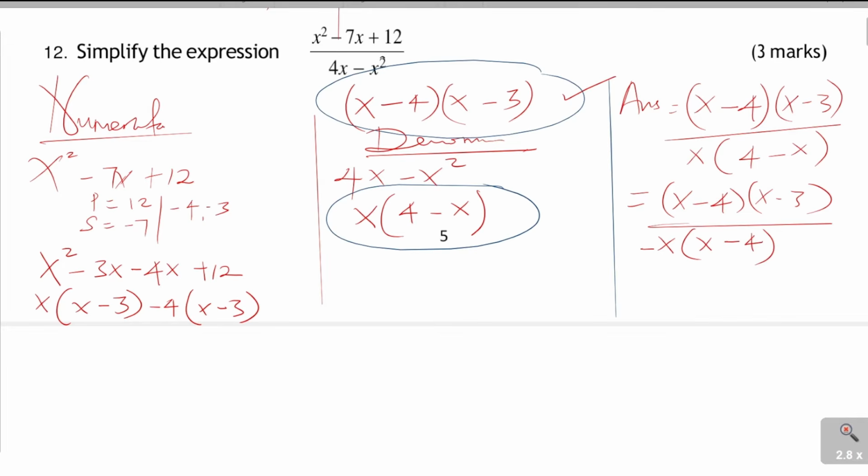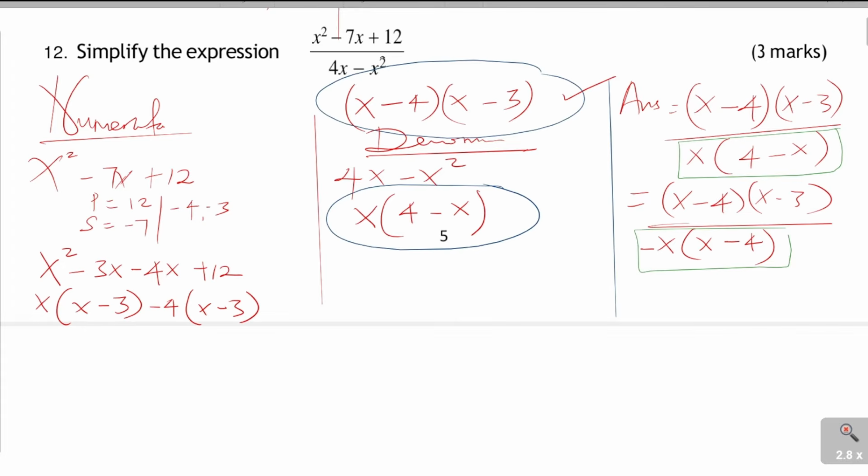You see the same thing, because you have negative x times x, that is negative x squared, which is there. And then negative x multiplied by negative 4, that will be positive 4x. So it is still the same thing. With that, when you open the bracket, you realize the same thing.